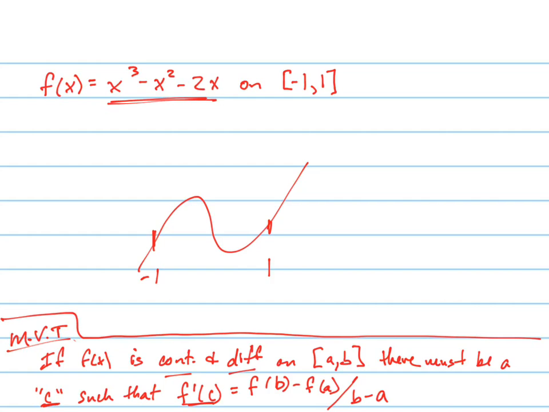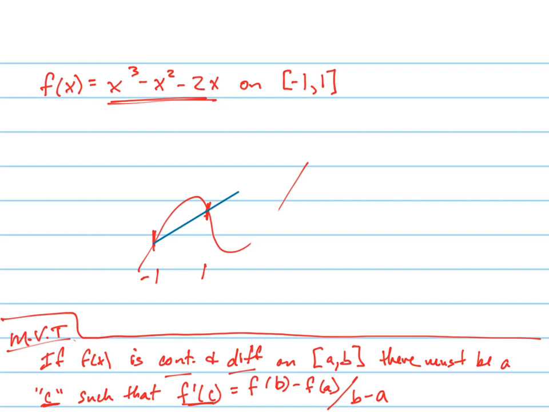Let me redo this. Let's say that this point is 1. If I draw the secant line between these 2 points, that secant line will look like this.